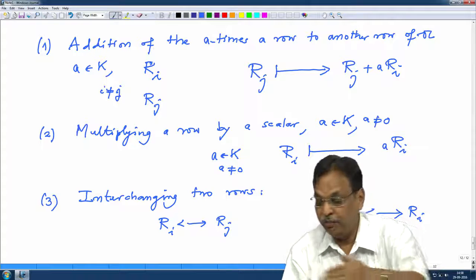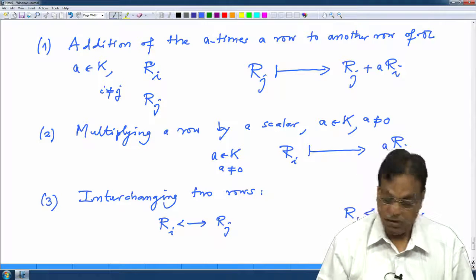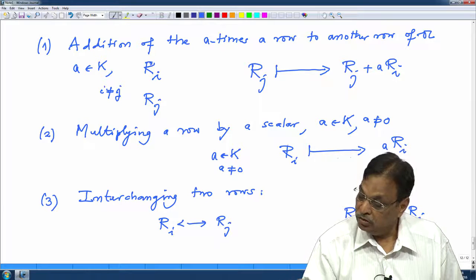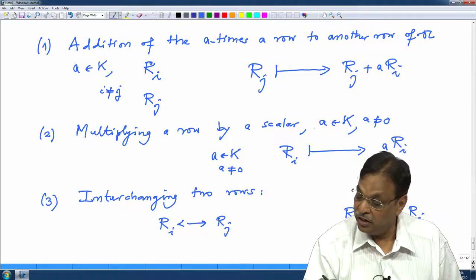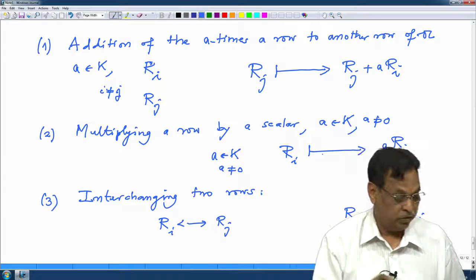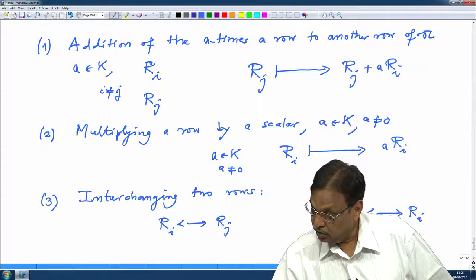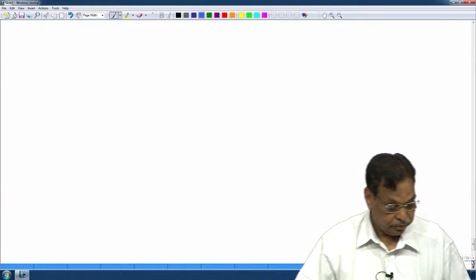And for that we are not allowed to multiply by non-zero scalars, because in that case the scalars are integers, and though integers are non-zero, they are not invertible in the ring.